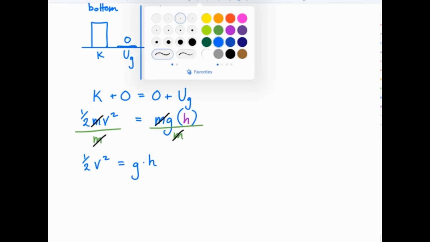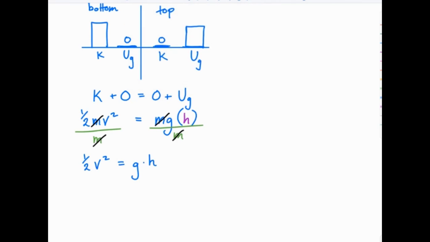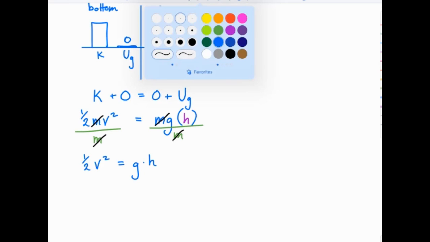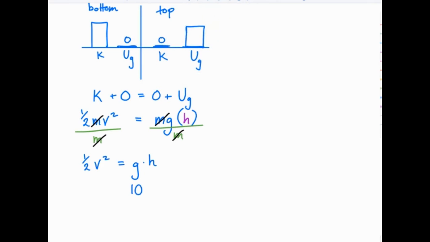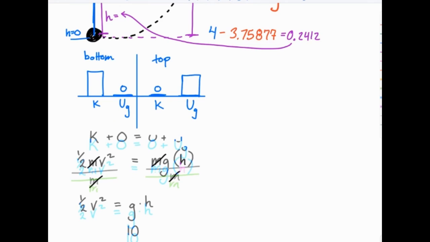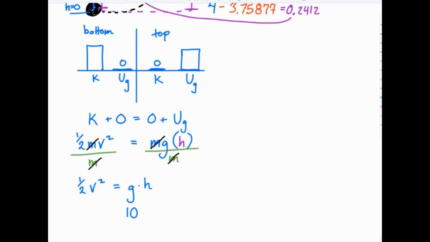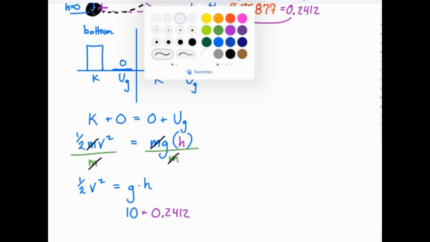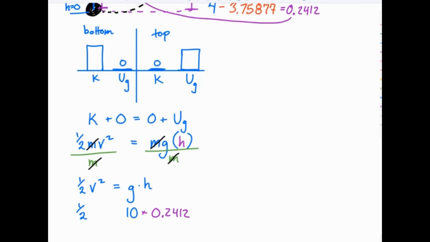And we're just going to say that g is 10, and h is what we just got up here. That was 0.2412. And on the left side, we're solving for velocity, so we'll leave this alone.